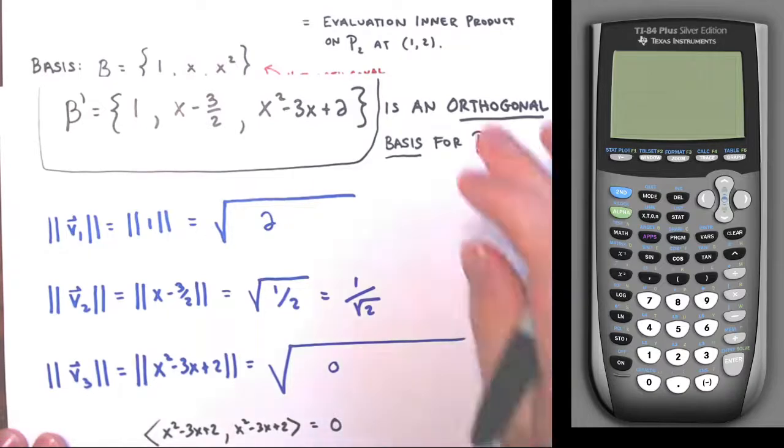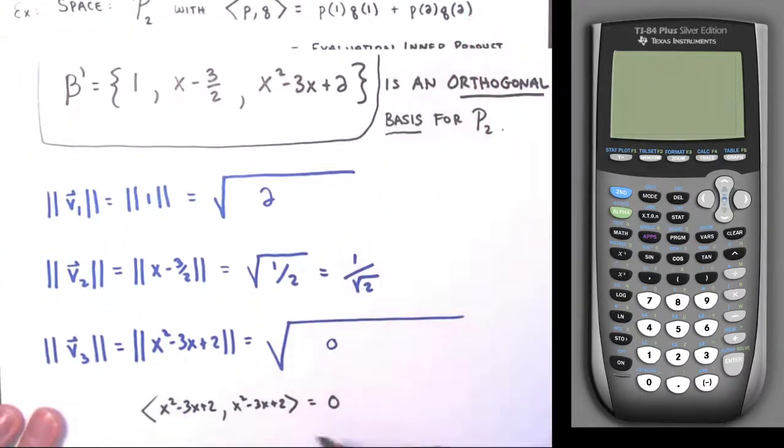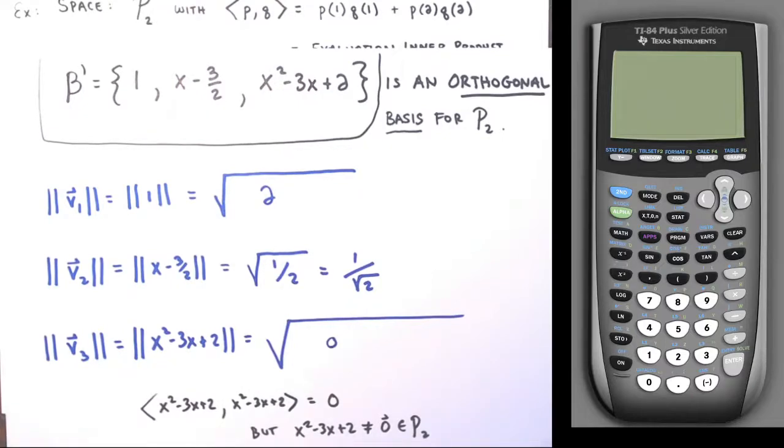That's not wrong, I wasn't wrong there. But this vector is obviously not the 0 polynomial from P2. And I realize my folly.